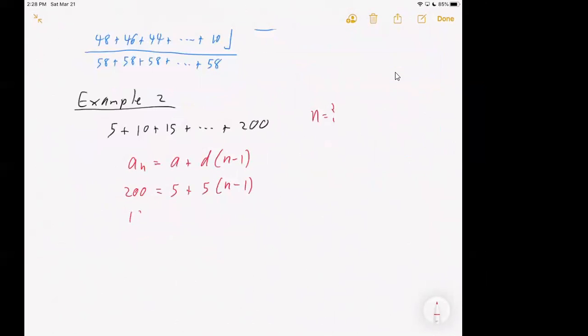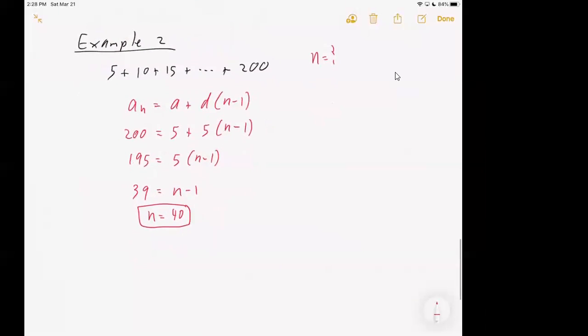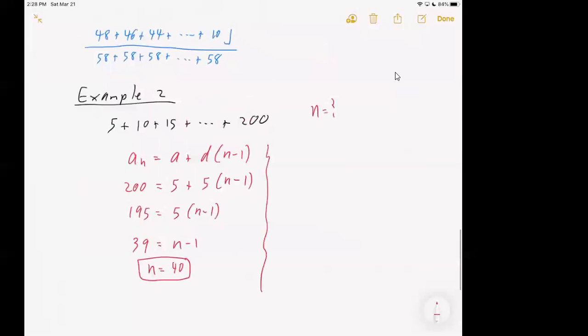So 195 is equal to 5 times n minus 1. Divided by 5, and you get 39. Let me just double check. Yes, 39 times 5 would work. That has to equal n minus 1. So n must be 40. So we now know there are 40 terms. Now that's not the answer to the question. What we now need to do is determine what those add up to.